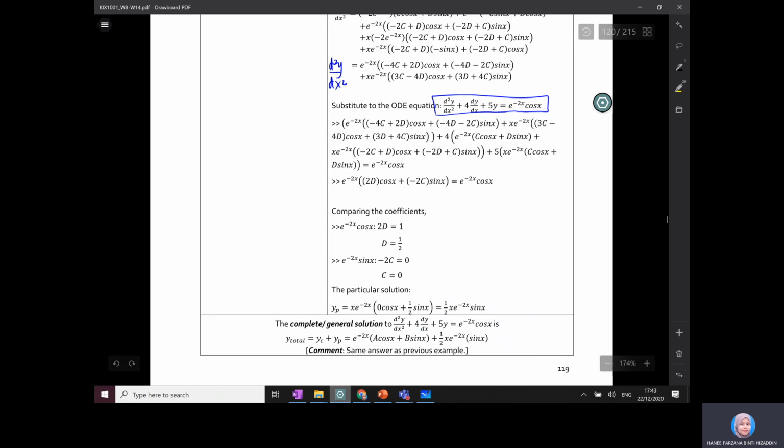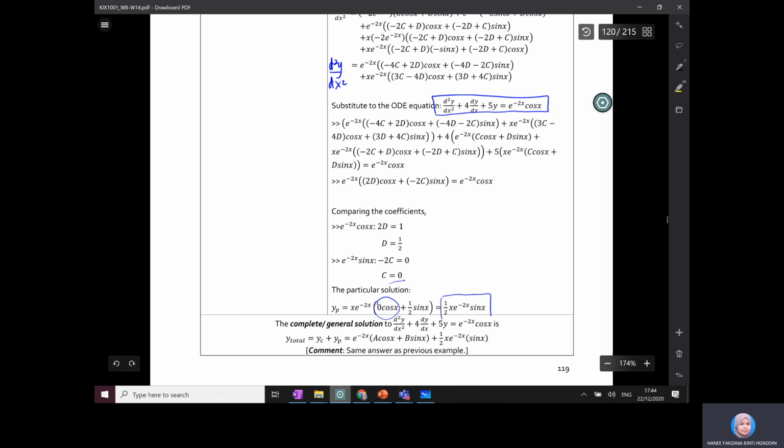Notice that when you do this method, you don't have to worry about the real and imaginary part of the YP, either real or imaginary. You don't have to worry where the i is, because it will take care of itself. As you can see here, if you do everything correctly, you will end up with the particular solution where c equals 0, so the cos term here becomes 0.